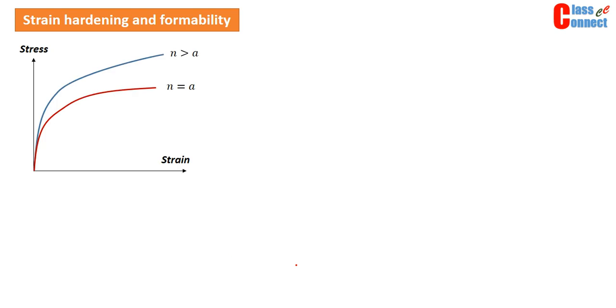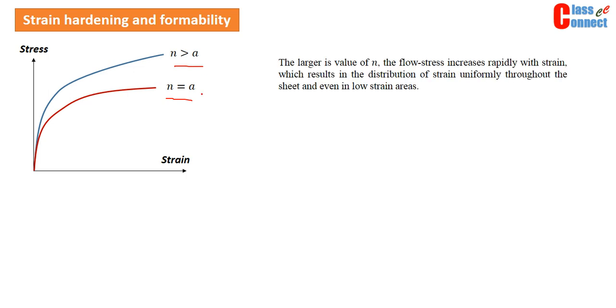And what is the use of the strain hardening coefficient in forming? Let us try to discuss that. Let us have two different materials where n in one material is equal to a and in the other n is greater. So we use the larger value of n for getting more uniform distribution of strain.